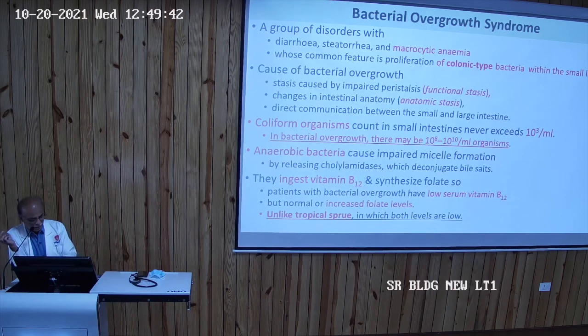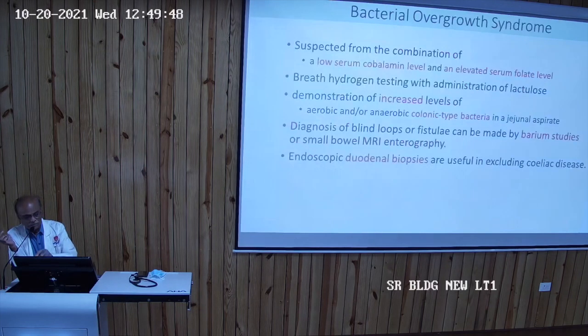In tropical sprue, both are low, but in bacterial overgrowth, folates are high. So the clue is low serum B12 and elevated serum folate levels, and colonic type bacteria in the jejunal aspirate. A barium study will confirm our diagnosis, and duodenal biopsy will confirm our diagnosis.